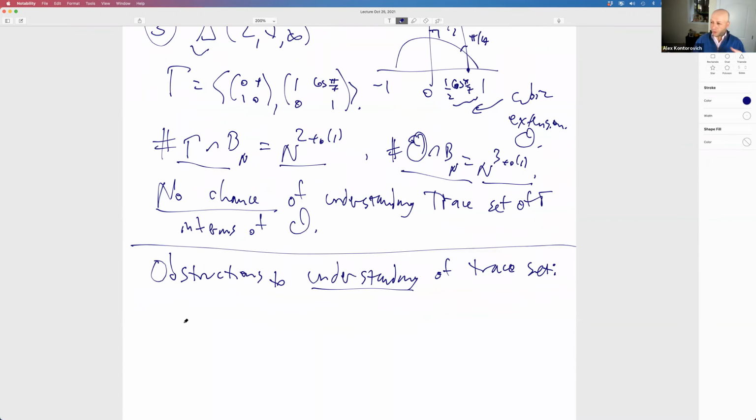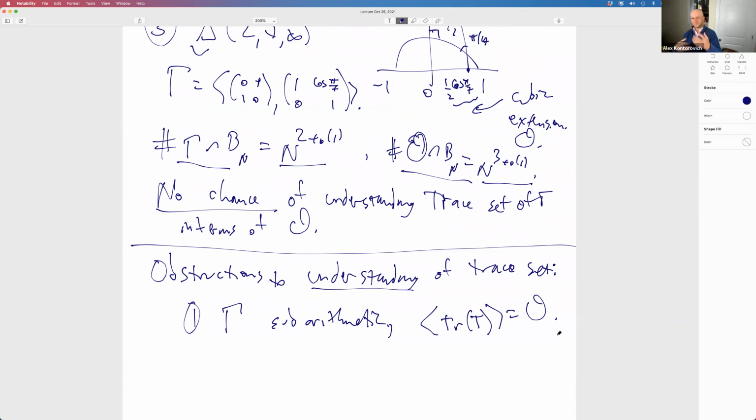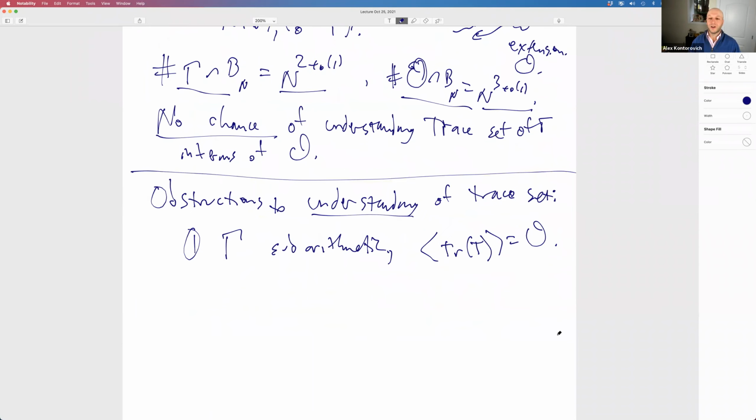Right. So I will definitely want to restrict to groups that are subarithmetic. So one is that I want gamma to be subarithmetic, contained in an arithmetic group, so that the maximal order generated by the traces of gamma will be some maximal order O, maybe a ring of integers.